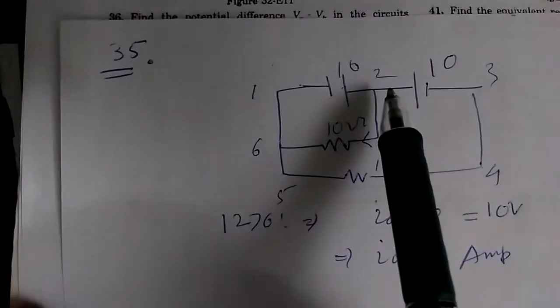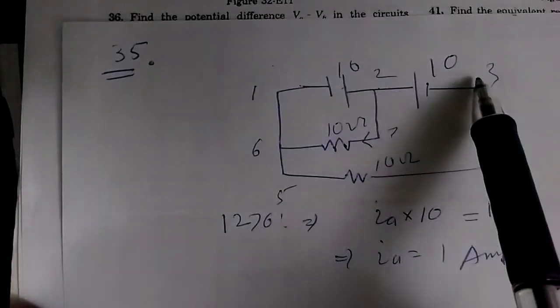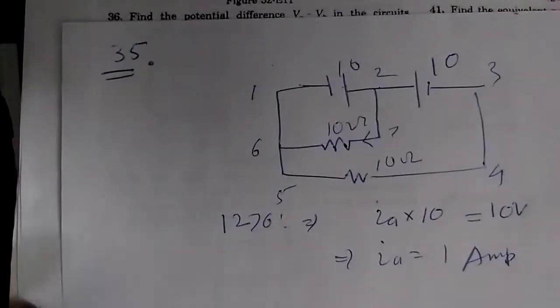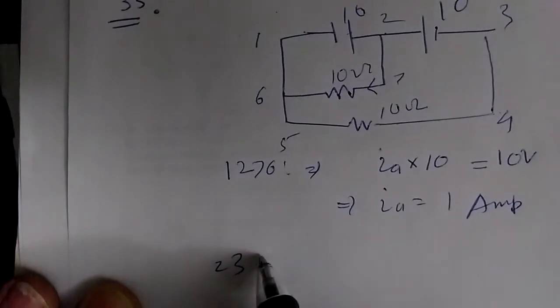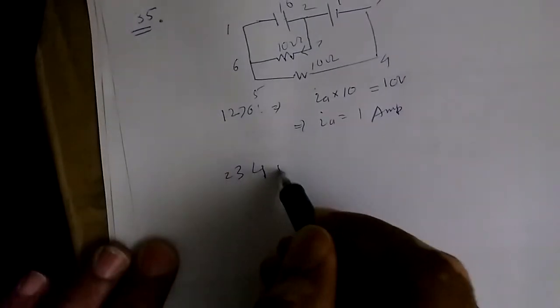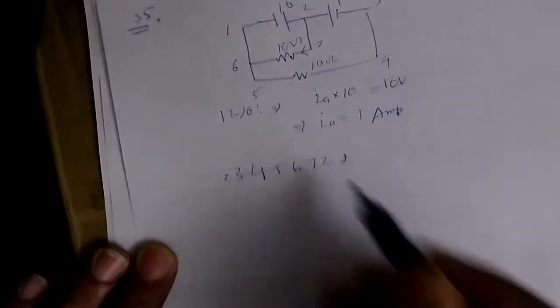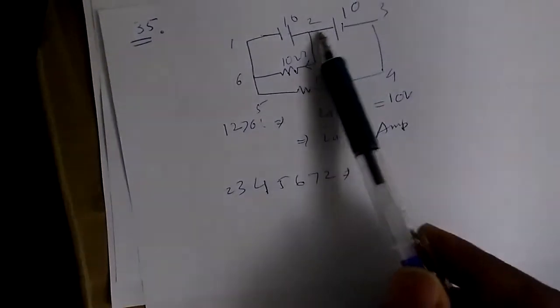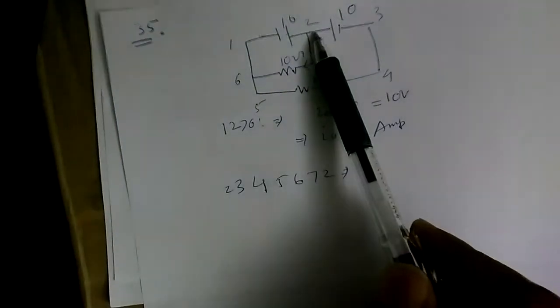For the second problem, we take this loop 2, 3, 4, 5, 6, 7, 2. So this is the battery 10 volt supplying the current in this direction.